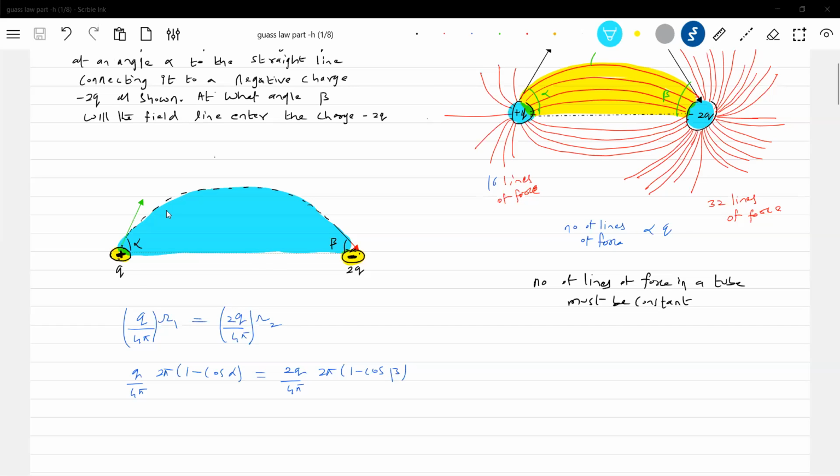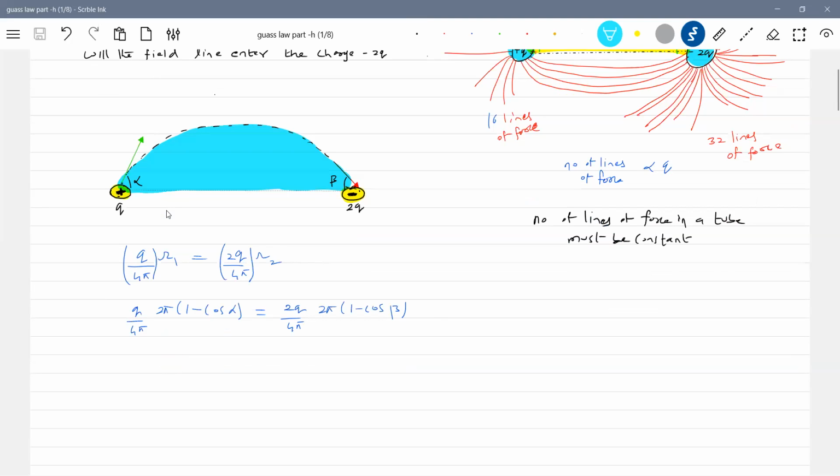Okay, solve this. So what we get here, this will be Q by 2. Now we'll continue. This will be (1 minus cos alpha) by 2 equal to 1 minus cos beta.